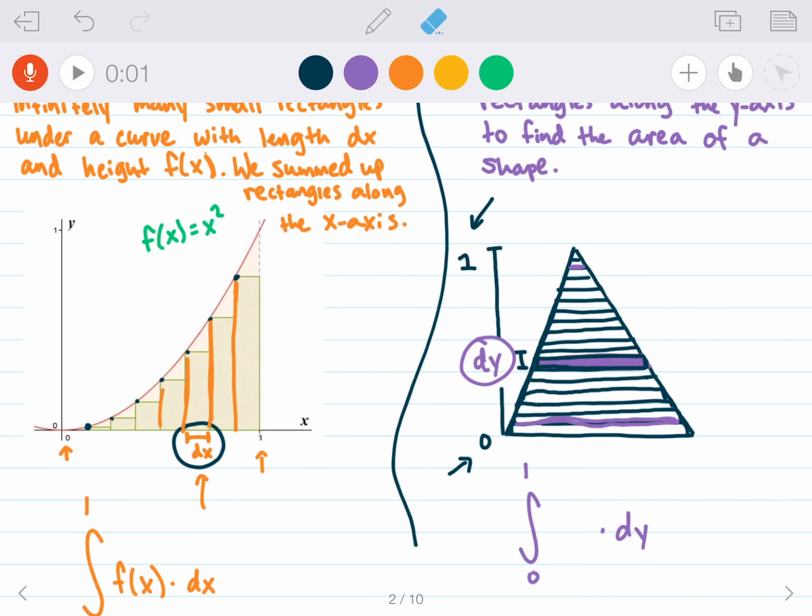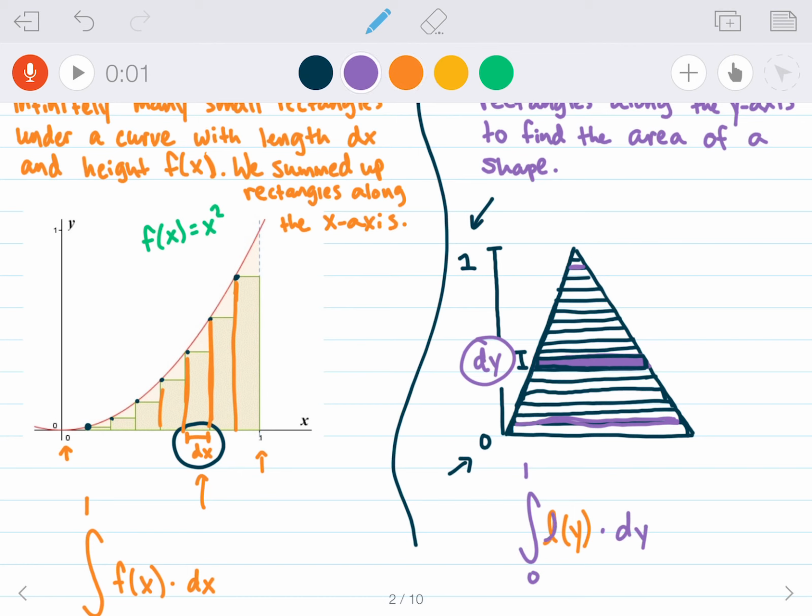What I'm trying to say here is that we need to replace the length or the height, not with f of x, because we didn't call this function f of x, but we're going to just say that this function is the length function, and we want it to be in terms of y.